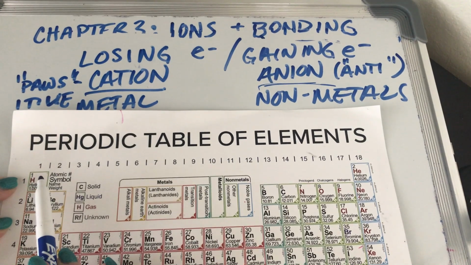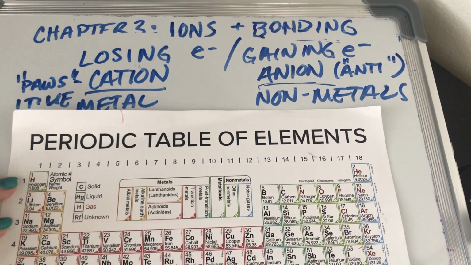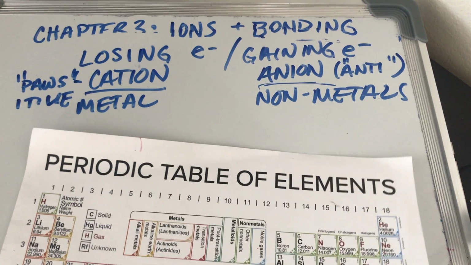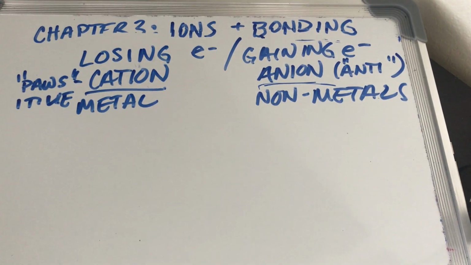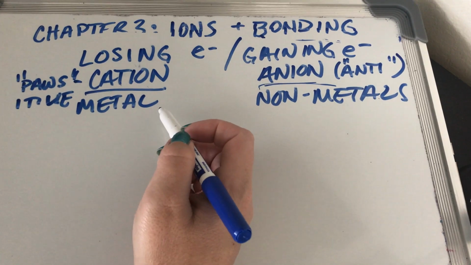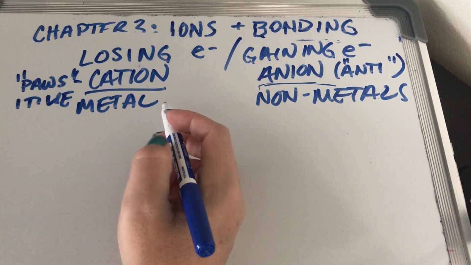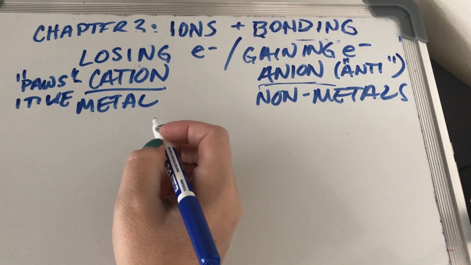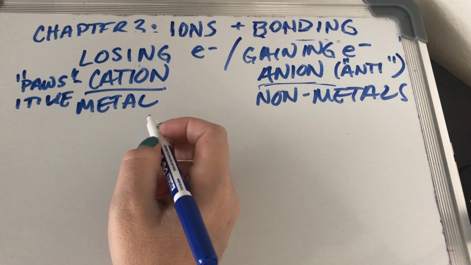So again, it just tends to be a little bit weird. Why is it not liquid? Because it's super small. We'll talk about more of that in chapter 8 when we get into solids, liquids, and gases. It's a great question though. Okay, so when we're talking about losing or gaining electrons, are we talking about core electrons or valence electrons?